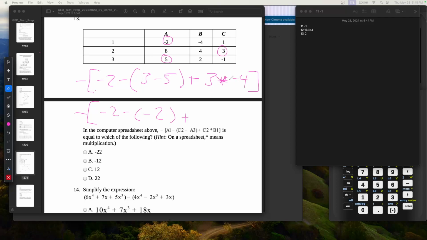And then here, I'm going to go ahead and do 3 times negative 4 next. So that's negative 12. So here we have negative 2 minus negative 2. Minus minus is plus. Negative 2 plus 2 is 0. So we have negative negative 12. Negative negative 12 is positive 12.